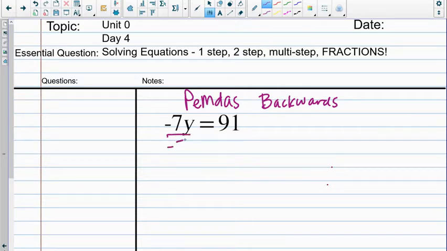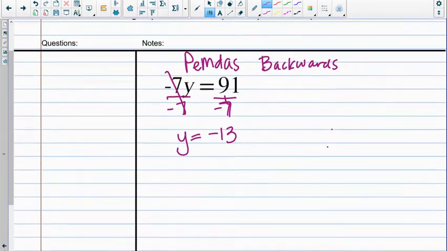I'm going to then move to multiply and divide, and to get rid of multiply, or get rid of is not really the right math word, but I'm going to use it, I'm going to divide by -7, and I'm left with y on this side, and being really careful of my positives and negatives, I get -13. So that was probably not too bad. They are going to get harder as we go on.